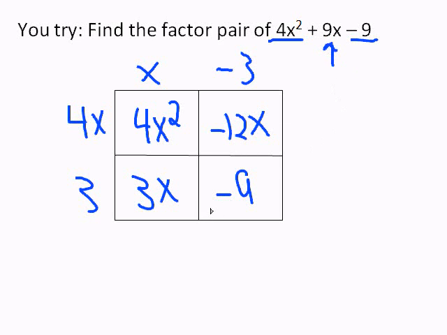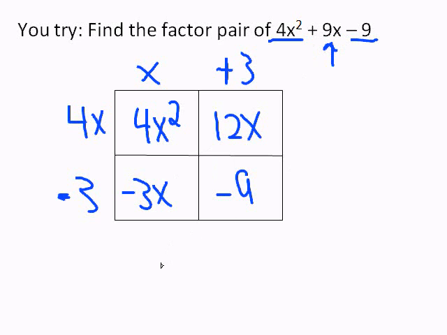So, since that did not work, I'm going to change this to a negative 3 and a positive 3. Notice they still multiply together to give us negative 9, but when we multiply our box out again, negative 3 times x is negative 3x, 4x times 3 is 12x, and they do indeed combine together to give us a positive 9x.